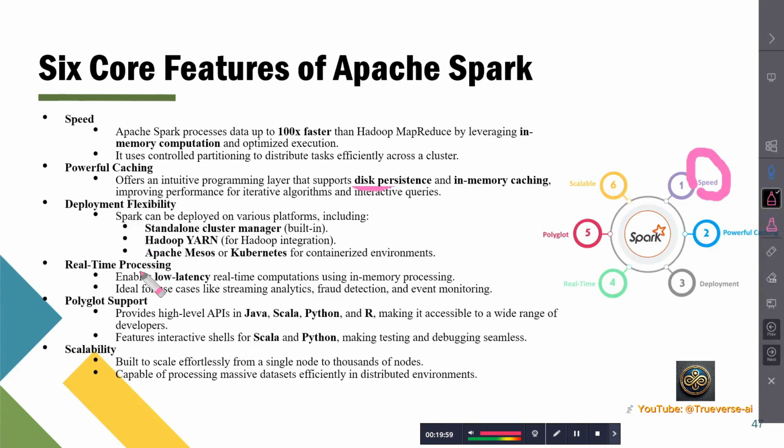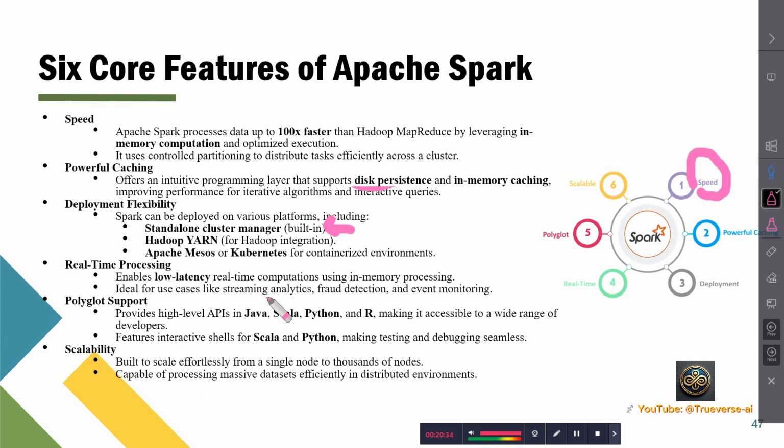Deployment flexibility, so it is good. You can use many platforms, like the standalone cluster management, which is built into Spark, or some integrations, like Hadoop integration with Hadoop YARN, or some Apache Mesos can be integrated for Spark.